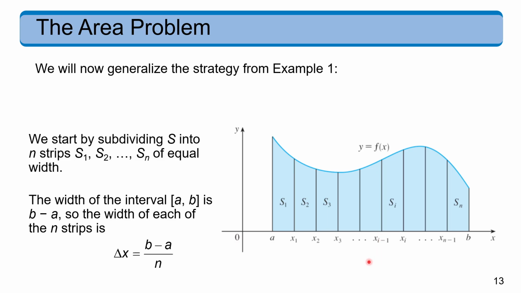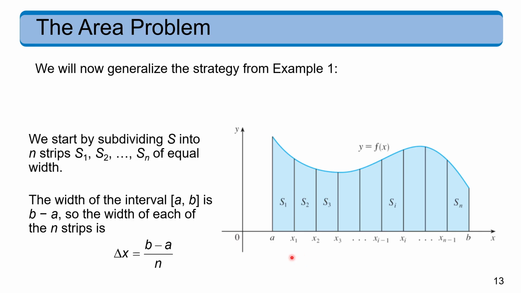Just like we did in the example, we're going to start by subdividing this interval on the x-axis into n strips. The number of strips could be any number that we want. And we do that by making equally spaced divisions. In general, they don't have to be equally spaced, but that's going to make our calculations a little easier if we just do it this way.